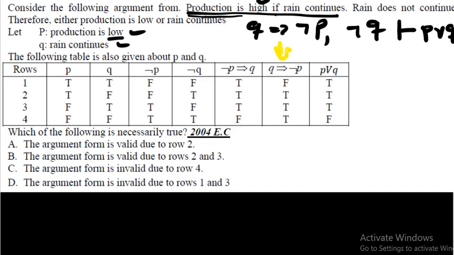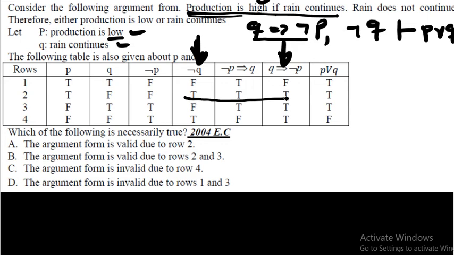Here it is. I'll try to indicate the column where it is. This column means the first premise, and the second premise, here it is. So whenever the two premises are true, the conclusion must be true. Where will they be true?